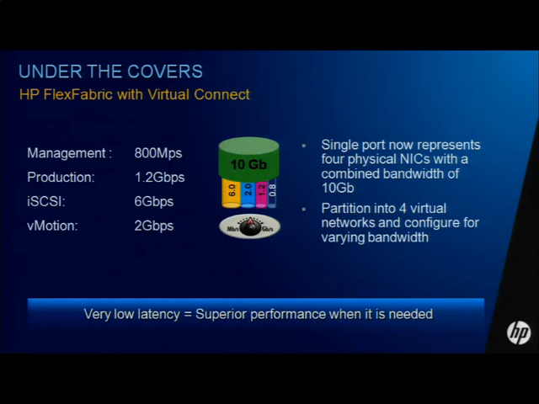So we're partitioning it into 4 virtual networks. What this buys us, because it's all within the enclosure, is screaming performance and low latency. And it really kicks in when the end user load increases. So when you really need the performance, it really kicks in compared to other iSCSI solutions.